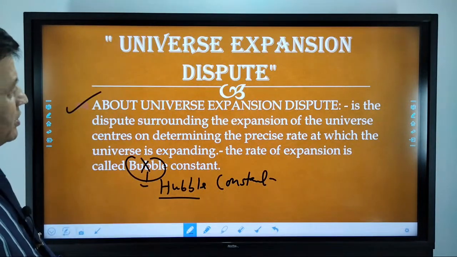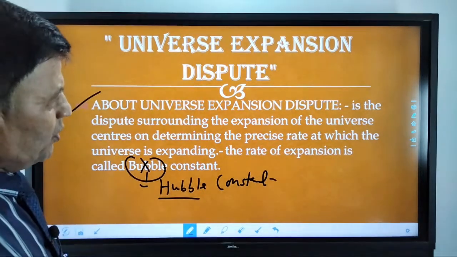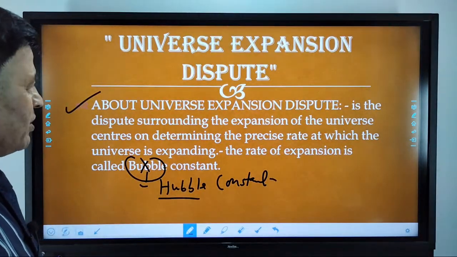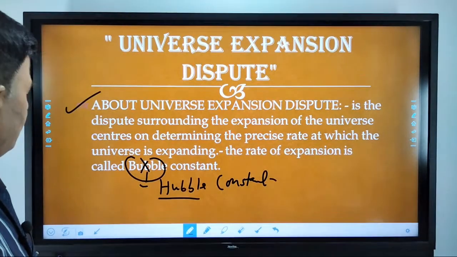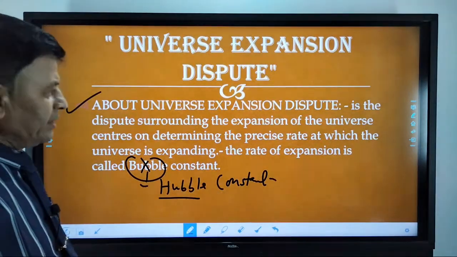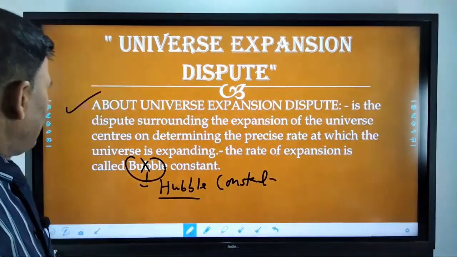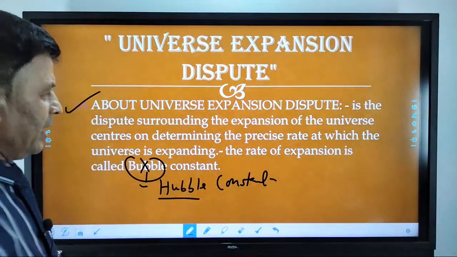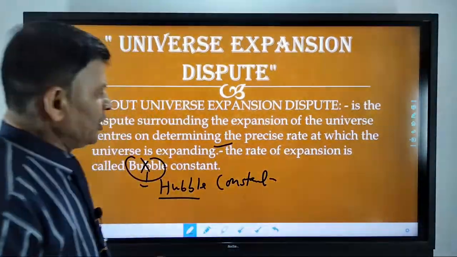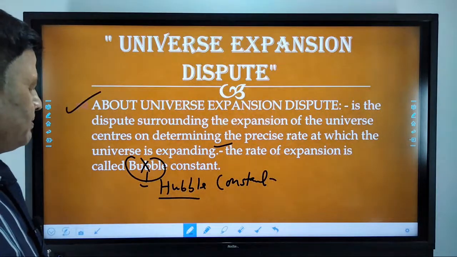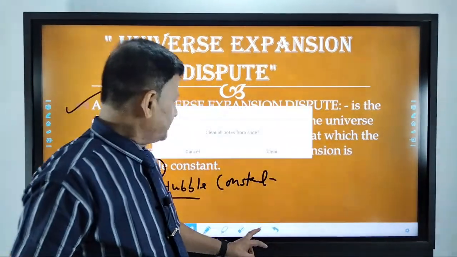See, about the expansion dispute, the first point is that it is a dispute surrounding the expansion of the universe centering on determining the precise rate at which the universe is expanding. And the next point is, the rate of expansion is called the Hubble constant, right?